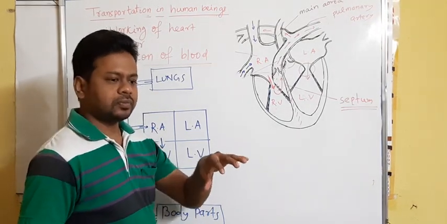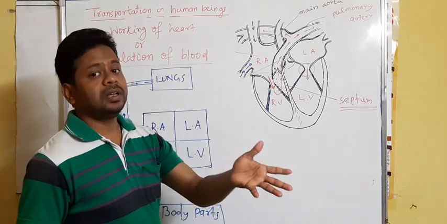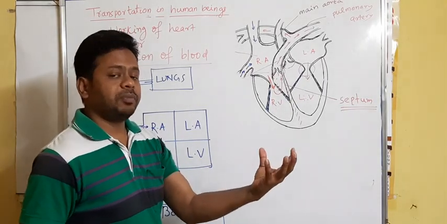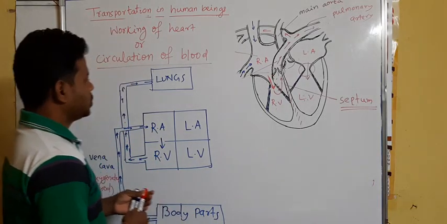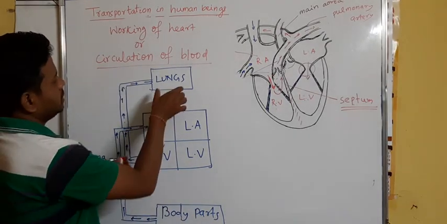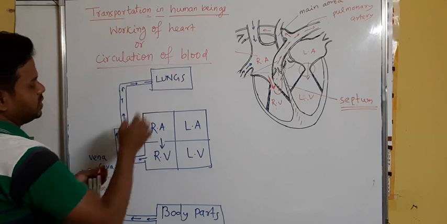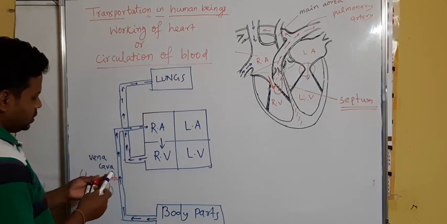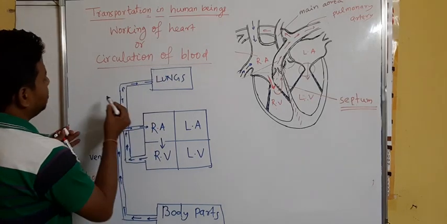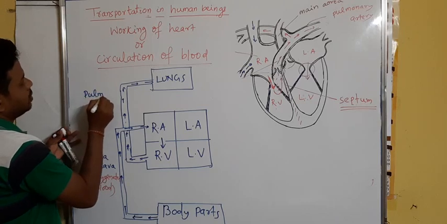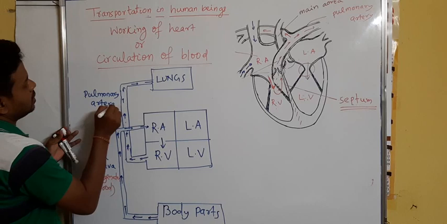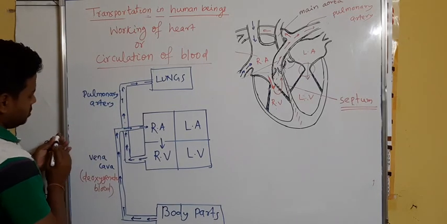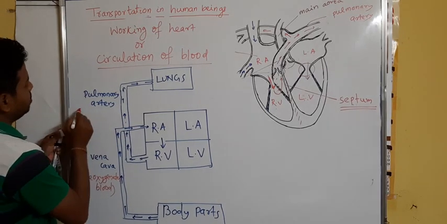From blood, carbon dioxide is given to the alveoli, and from air present in the alveoli, the oxygen is diffused into the blood. So what happens in lungs? The exchange of gases takes place. The name of this blood vessel is called pulmonary artery, and here also deoxygenated blood will be there.